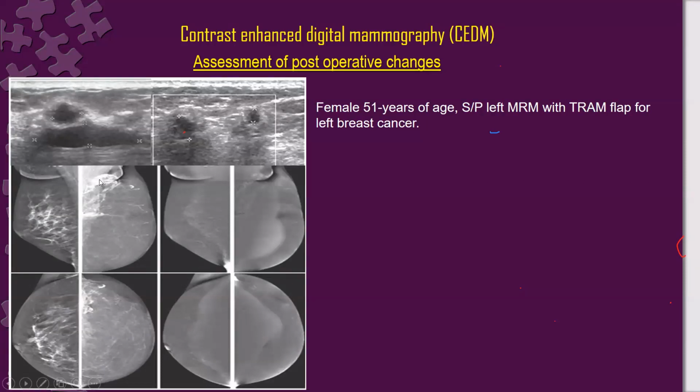Another case of post-surgery, okay, having a flap here, okay. This is left MRM with a flap, developed dystrophic calcifications, and ultrasound demonstrates these multiple atypical cysts. There is no posterior enhancement and there are thick walls.